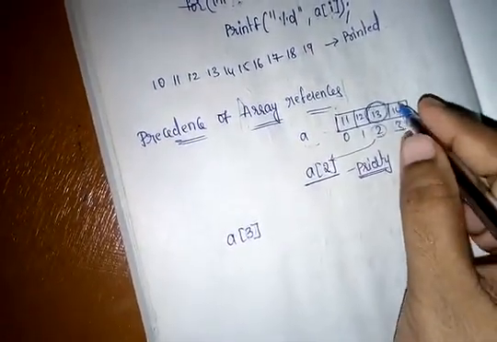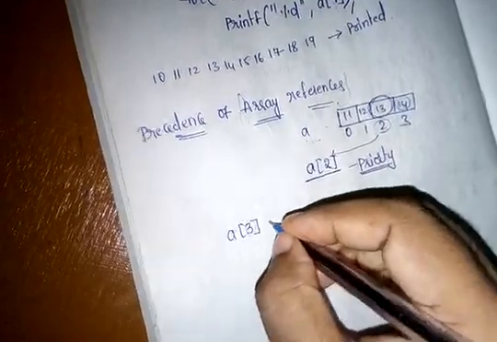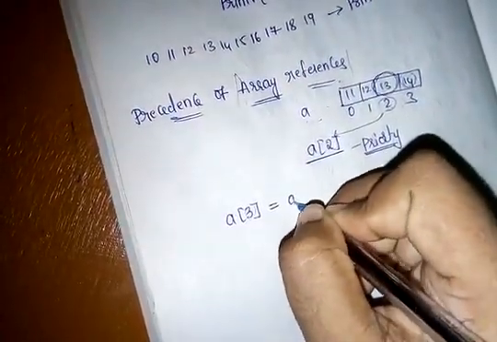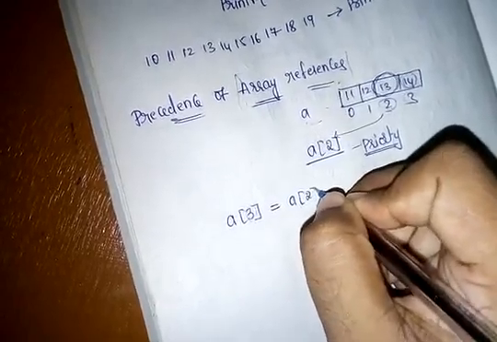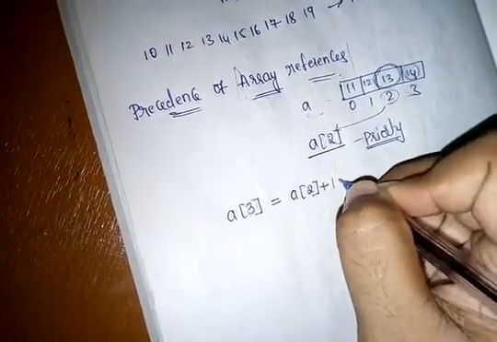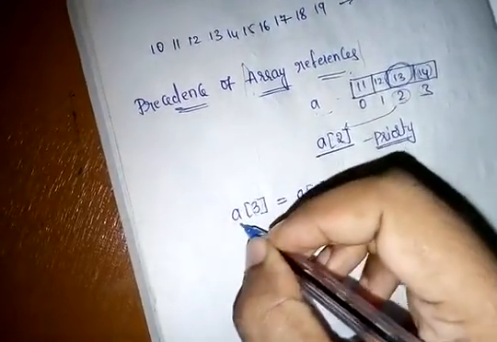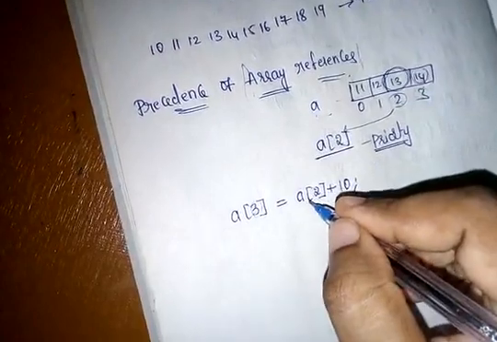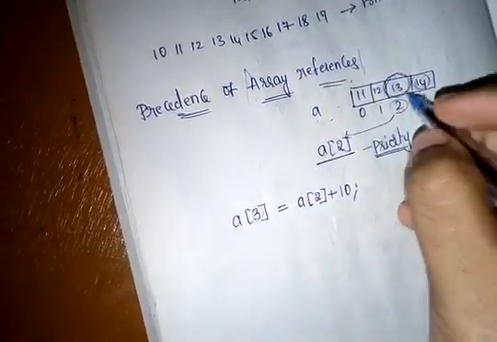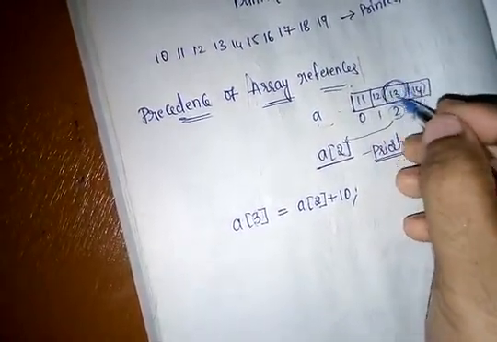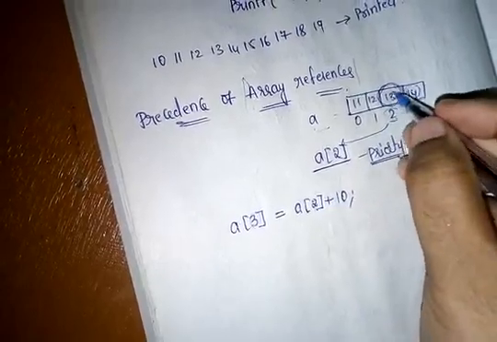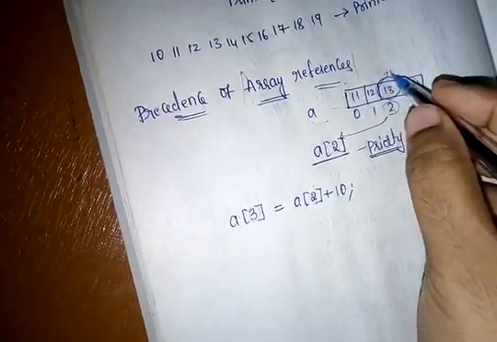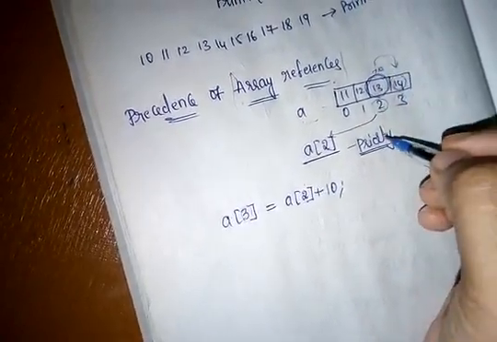But if you want to change the value 14 here, then A[3] is equal to, say for example, A[2] plus 10. I want the element at index 3 to be the element present at index 2 plus 10, and that should be placed in A[3].